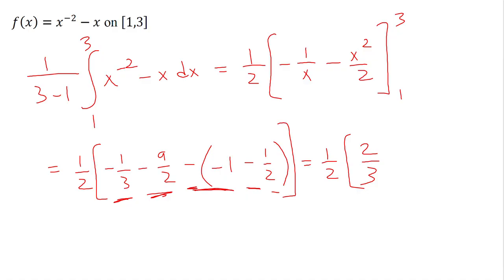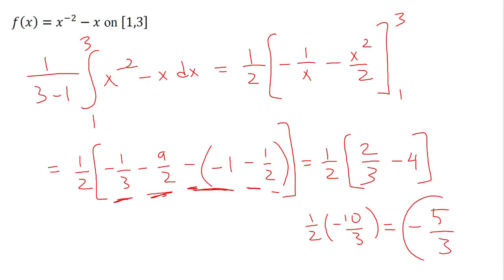Right? Negative 8/2 is just negative 4. So we've got 2/3 minus 4. 2/3 minus 12/3 is negative 10/3. So we have 1/2 of negative 10/3, which is just negative 5/3.